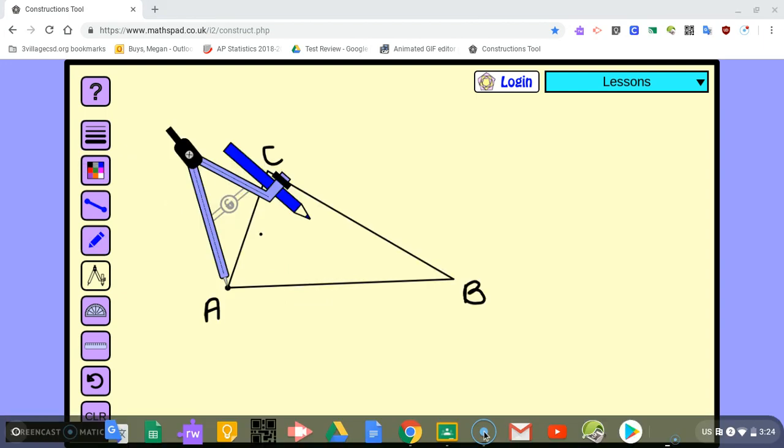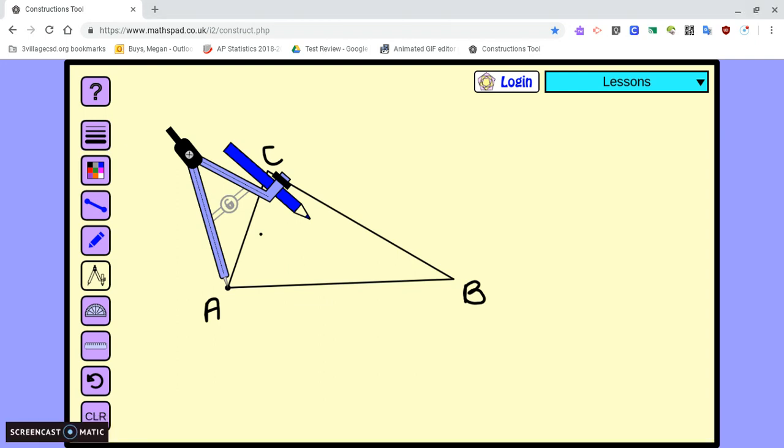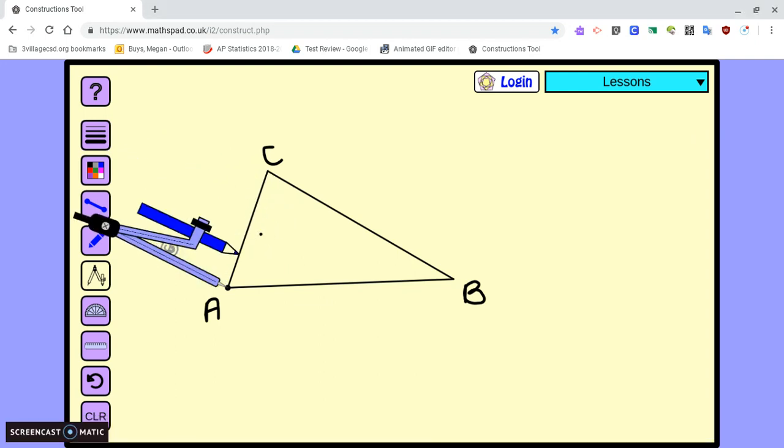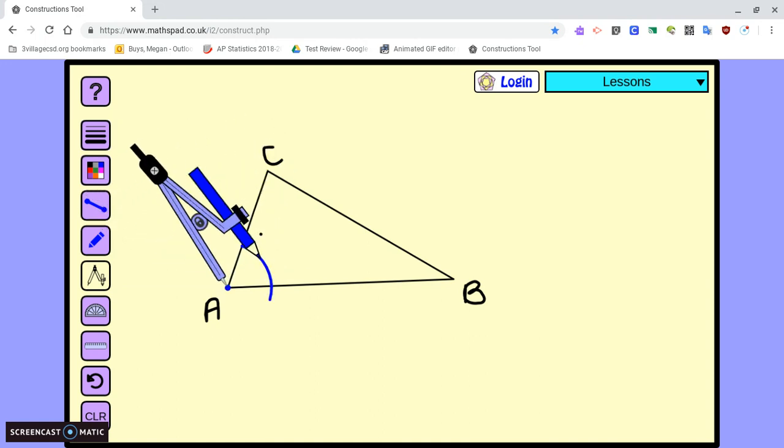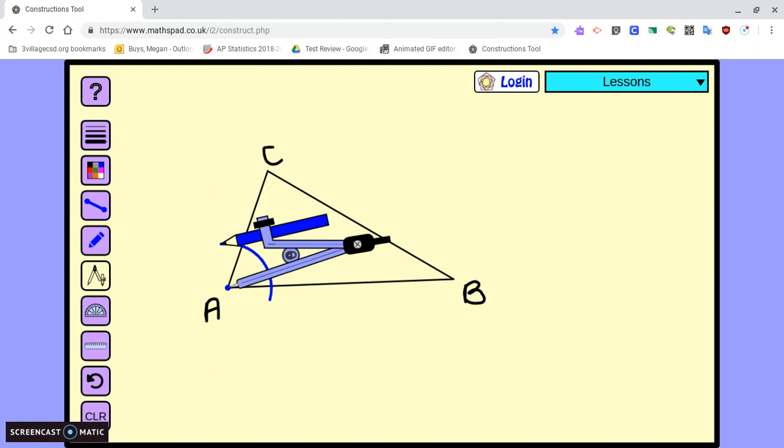By taking that, we're at A now. We're going to change the length of our compass. Remember, our goal is to get an intersection of both endpoints.